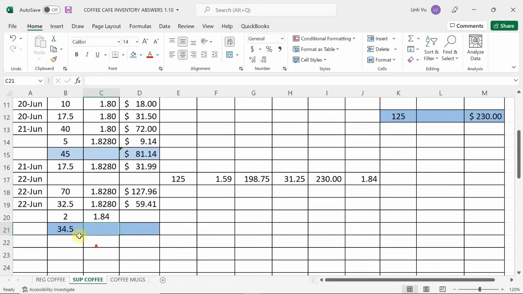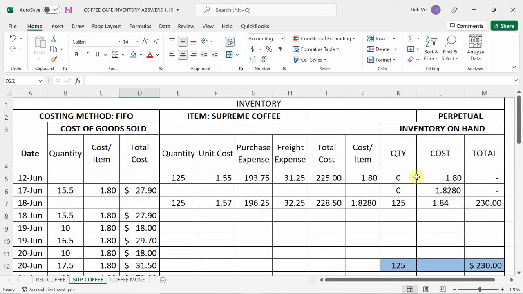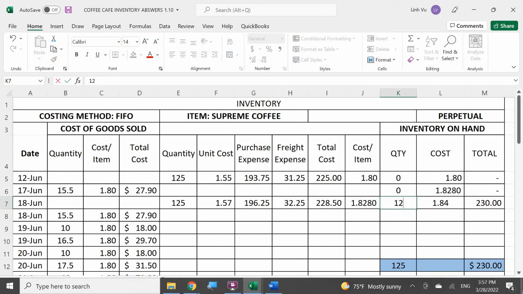So 2 times $1.84 is going to give me $3.68. And if you add these two numbers up together, we get a total of $63.09. So let me go ahead and adjust the inventory up here because I no longer have 125. I have 123. Okay, so you should be left with 226.32.